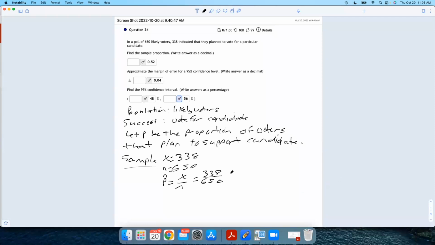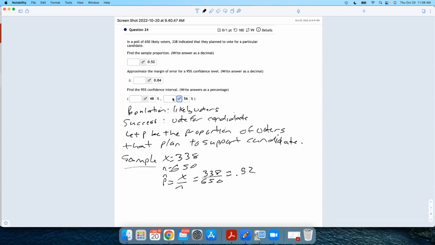So 52% of the sample said they would vote for him. So what's the real answer? What's P? That's who we're trying to find, P, the real proportion of the entire population that'll vote for him. Okay, so right there, that was the first question. We've gotten that.